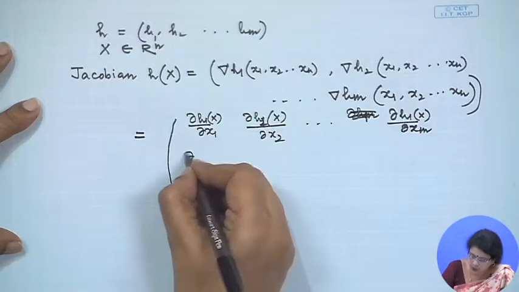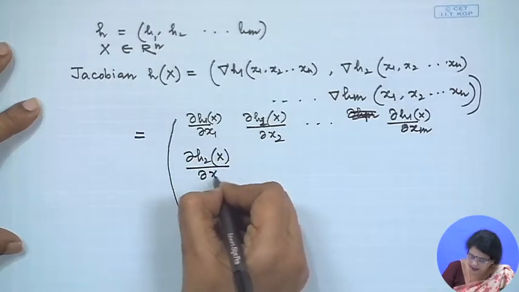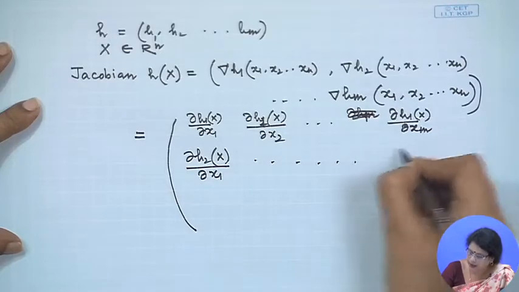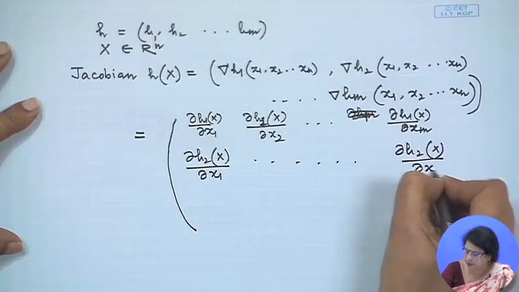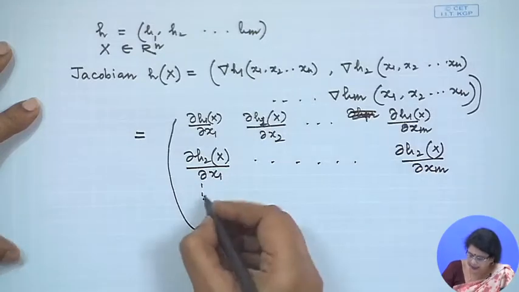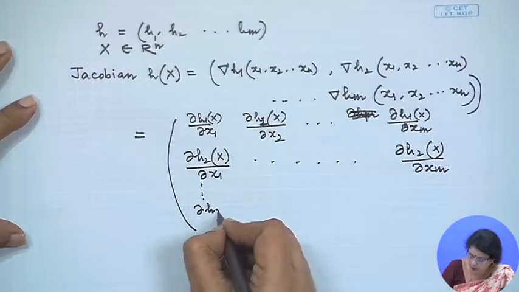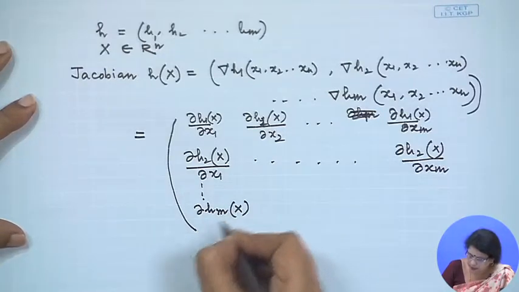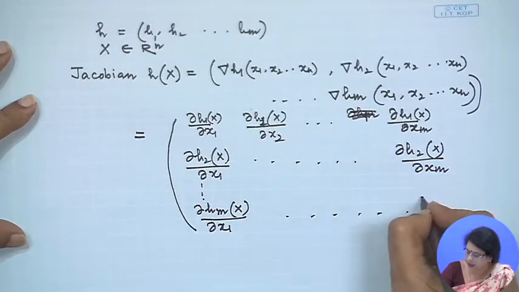The second row del H2 by del x1, this way we will go up to del H2 by del xn. You must be understanding that we are getting a matrix, and the number of rows would be m and the number of columns would be n.